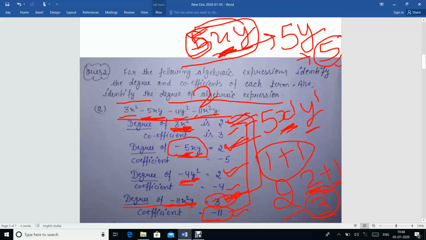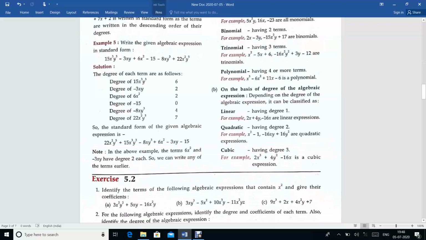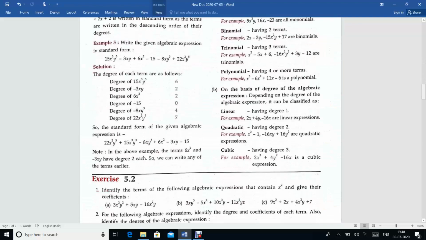Let us move towards the next topic, and the next topic is the standard form of an algebraic expression. So how can we find the standard form of an algebraic expression? If you want to find the standard form, then you have to find the degree of each term.